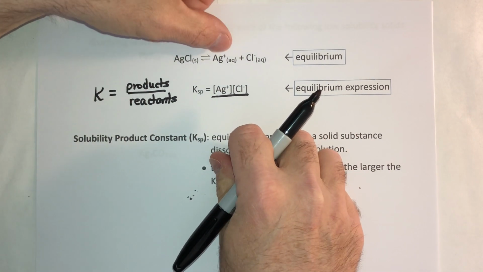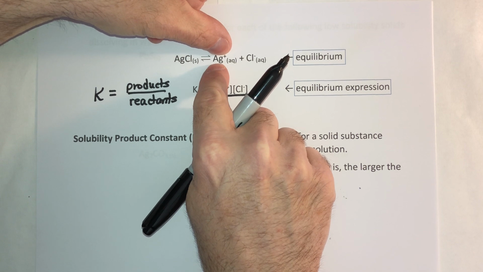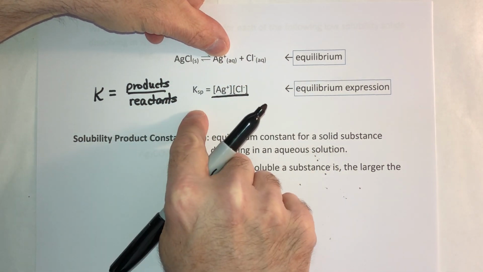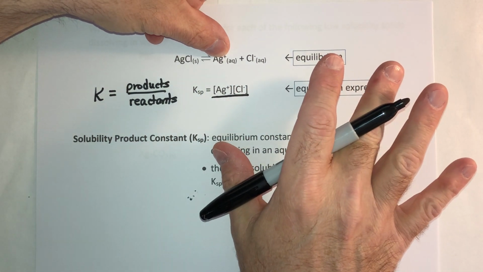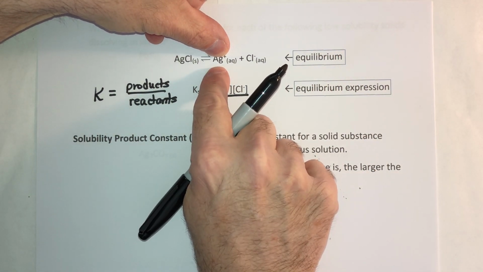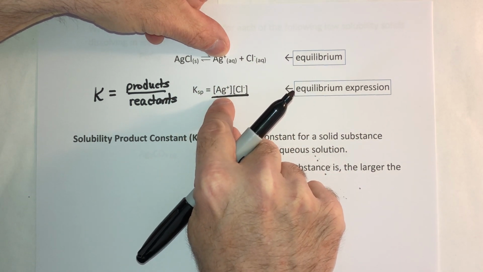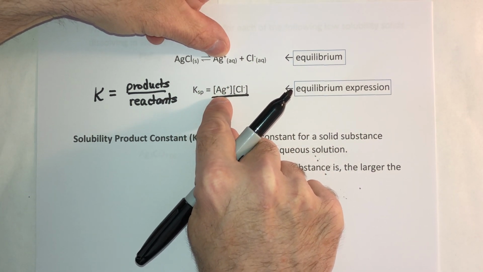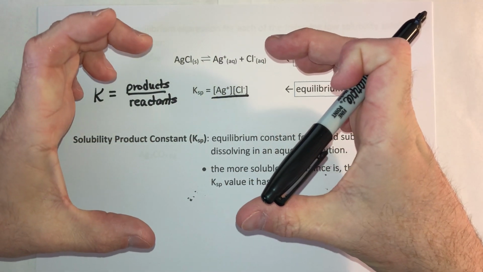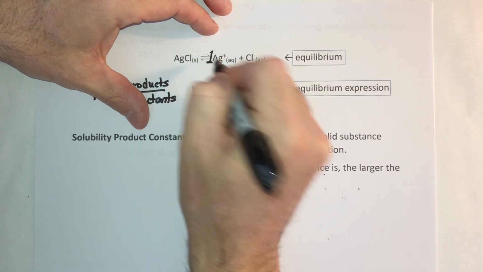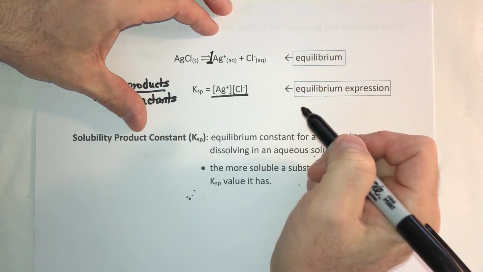So if I look at my products, I've got Ag+, so I wrote down Ag+. An equilibrium expression is all about concentrations, right? I want to know the concentration of the silver and the concentration of the chloride. And that's what the square brackets are telling me. So the square brackets here are telling me concentration. There are powers, because there's a 1 used to balance this equation in front of the silver.